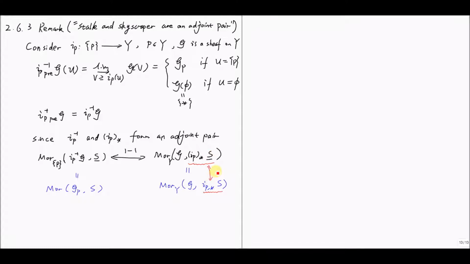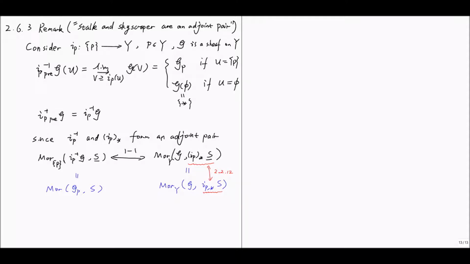This is by 2.2.12 of Professor Vakil's book. Therefore, the maps from the stalk G_P to a set S are the same as the maps of sheaves on Y from G to a skyscraper sheaf with set S supported at P.